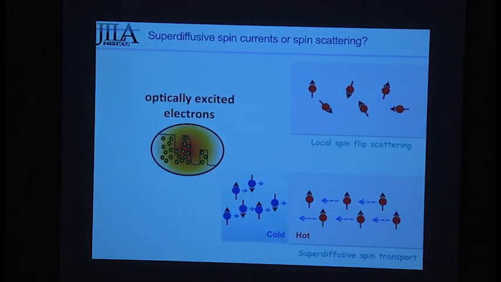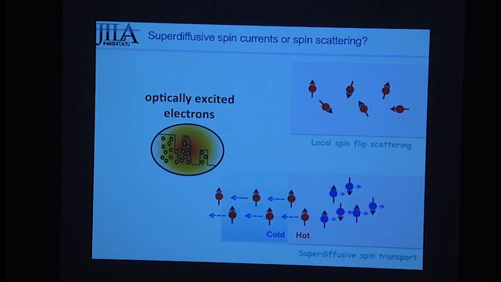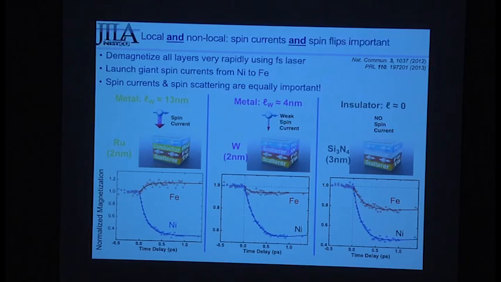So that's why we can measure very sensitively that when we allow spin transport, the magnetization in iron increases. When we prevent spin transport, the magnetization in iron decreases. The only way you can explain that is that there are spin currents happening and spin scattering at the same time.